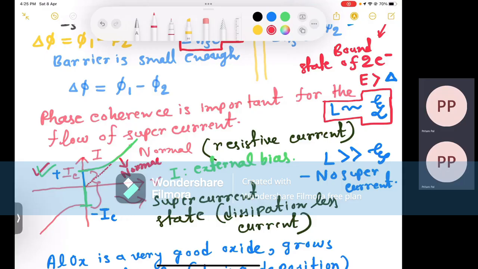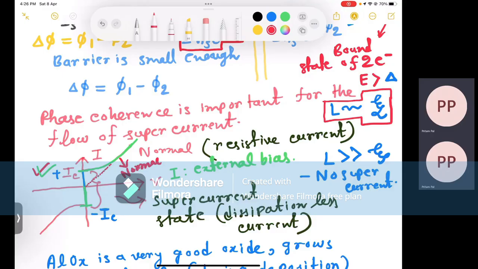Another thing, you have a magnet. You can also apply a magnetic field, and you can completely destroy the whole symmetry and the superconducting state. You can simply drive it out from there. And also the temperature. But the key factors we are discussing here are, first, the bias, and second, the length of the junction, I mean, the size.